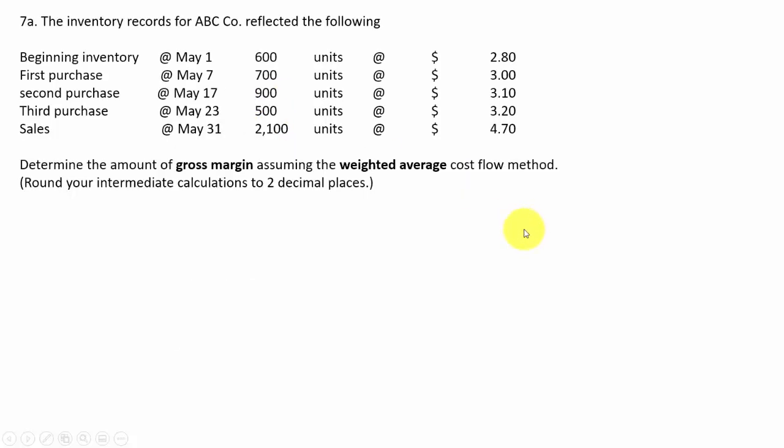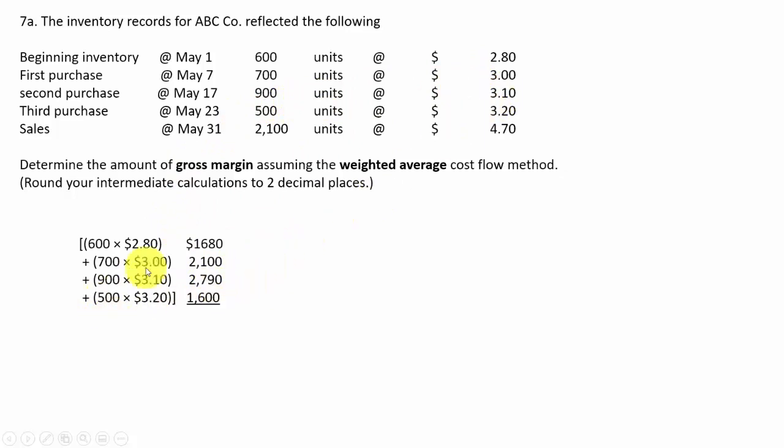Next one. They want to know the gross margin assuming weighted average cost. Okay, so gross margin is going to be sales minus cost of goods sold. So let's see, 600 of these at 280 would be 1680. 700 of these at $300 would be 2100. 900 of these at 310 would be 2790. 500 of them at 320 would be 1600.